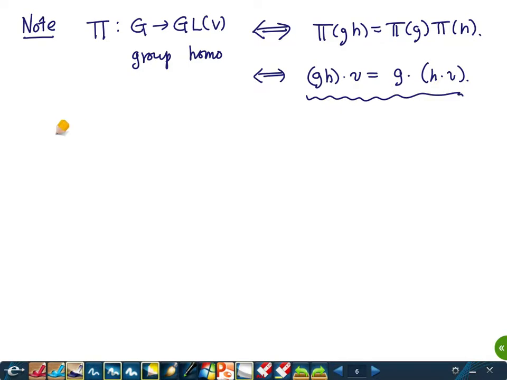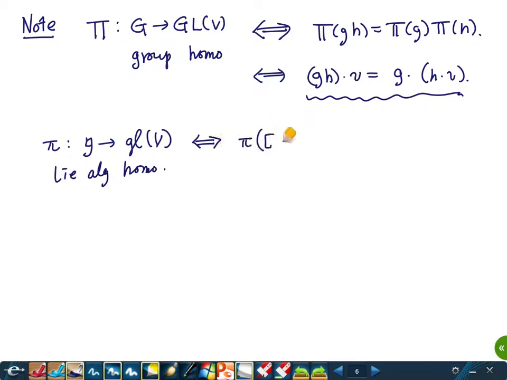What about a representation of a Lie algebra? This is a representation of a Lie algebra. In other words, it's just a Lie algebra homomorphism. It means we have a Lie bracket structure for elements here, and this must be equal to this.